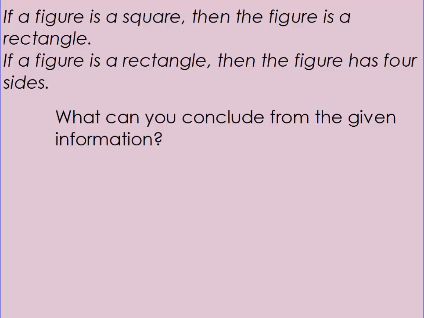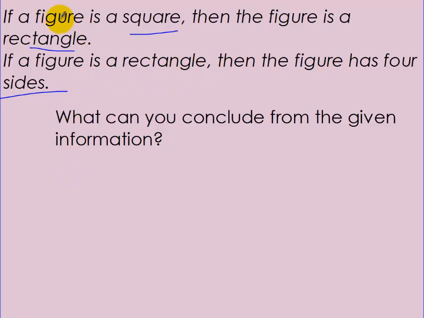So let's see that in action. If a figure is a square, then the figure is a rectangle. Okay, that's true. If a figure is a rectangle, then the figure has four sides. And that's also true. So what can you conclude from the given information? From the first statement, the conclusion is the figure is a rectangle. And in the second statement, the hypothesis is if a figure is a rectangle, then the figure has four sides.